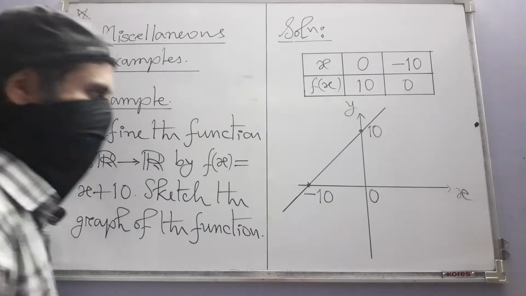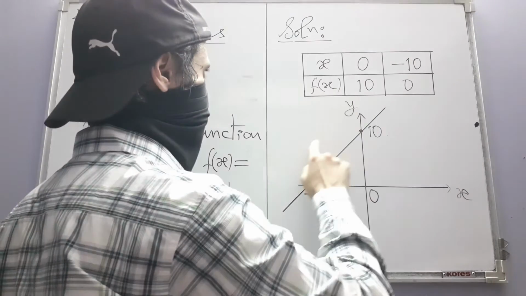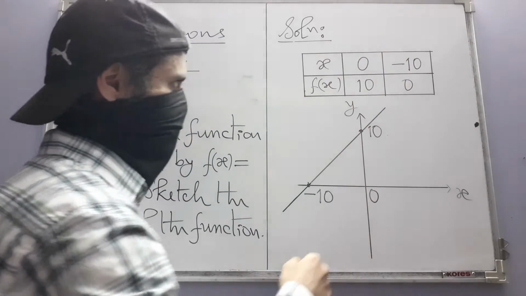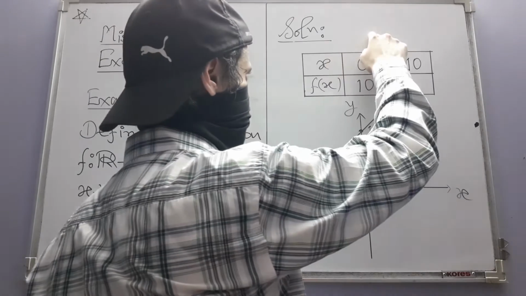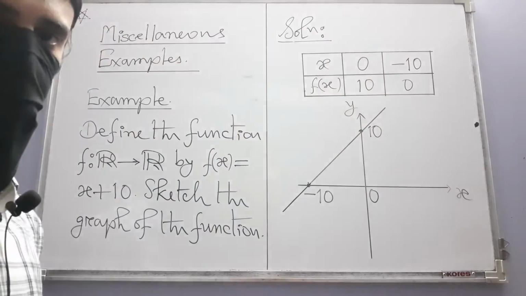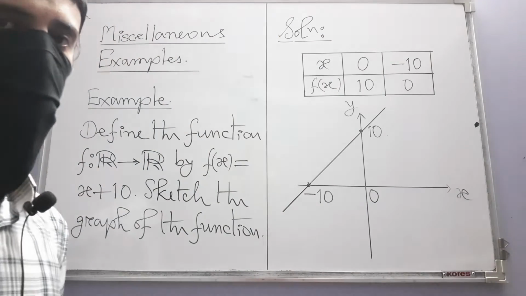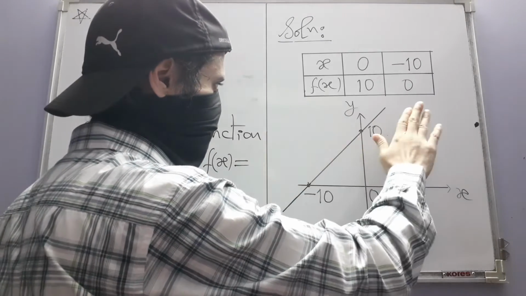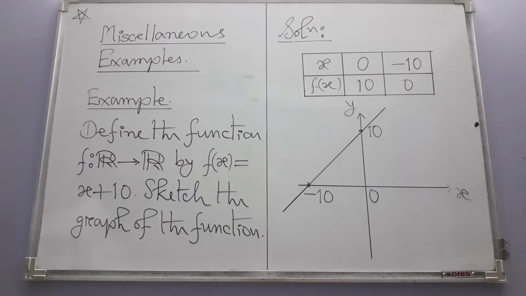There is nothing wrong with this. You will, however, have to write those things. Taking x equal to 0 and x equal to minus 10, we get the following values of the function f of x given by the following table. And so using the table, the graph of the function is as follows.